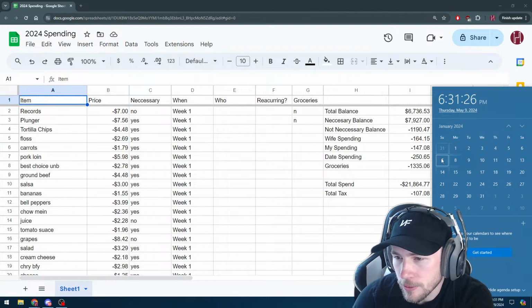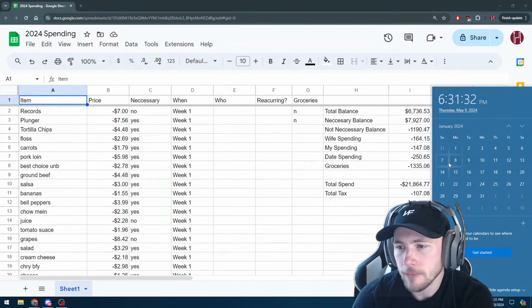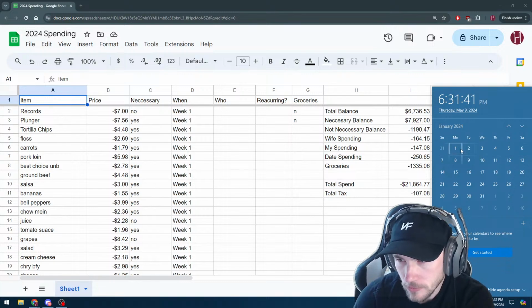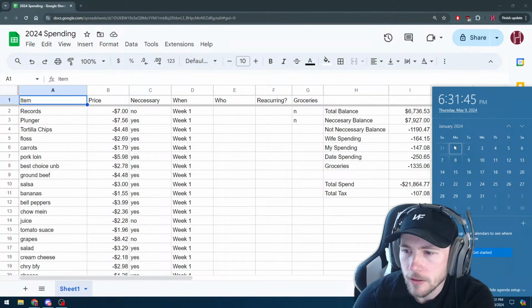Maybe we should do Monday through Sunday. They might not line up perfectly with what's already there, but to match up with the year or make it easy, we might just want to do that. So Monday through Sunday.